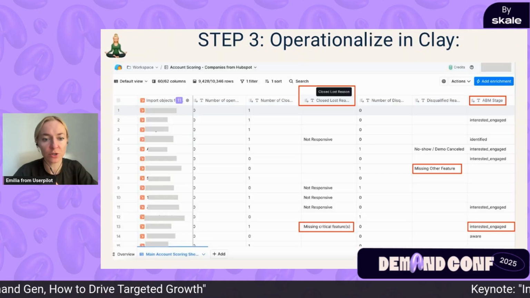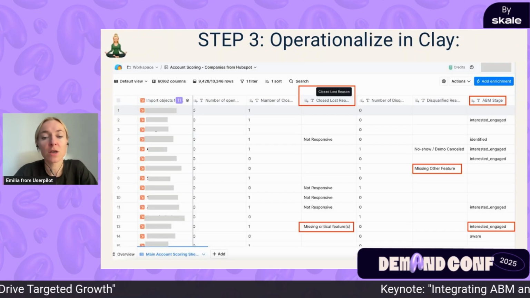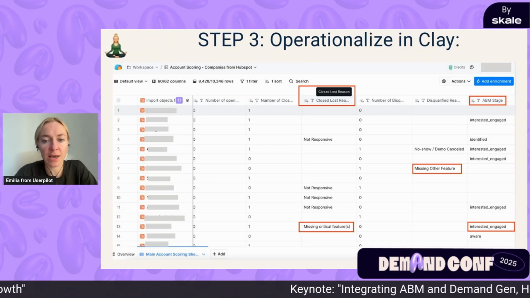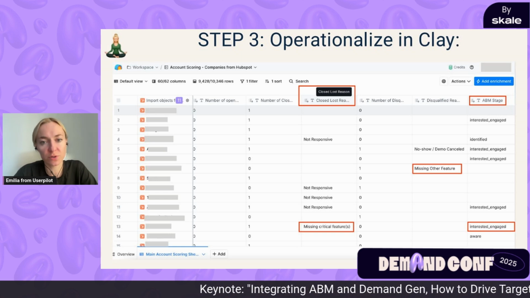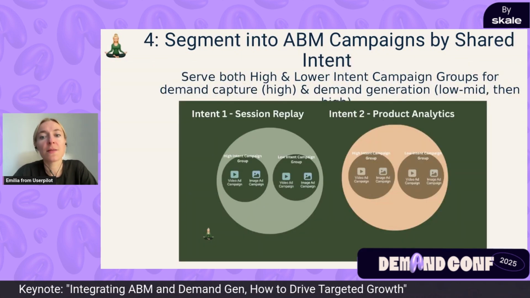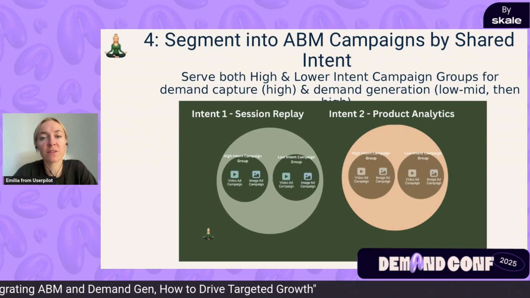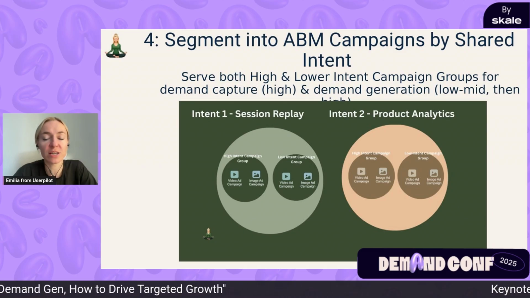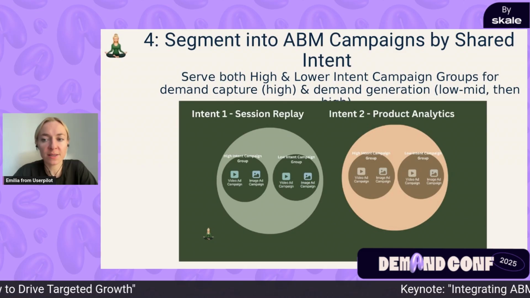And then, as I mentioned, you sort your accounts, you operationalize it all in Clay, so you get the scores. You push the scores back to HubSpot or your CRM, you sort the accounts, and then you segment the accounts by shared intent, right? Why is that important?